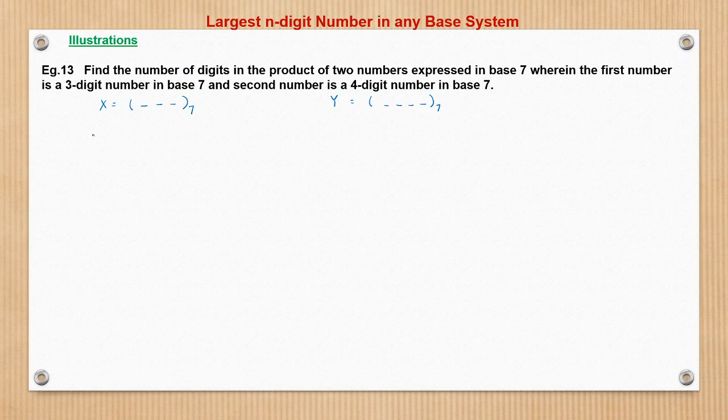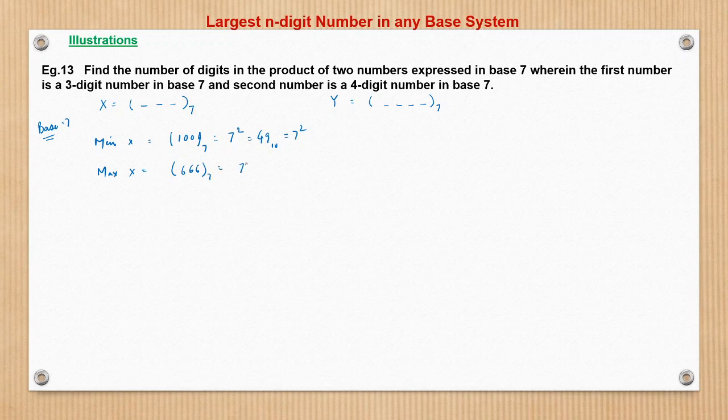So now again this is a minimum maximum question. The base is throughout 7 only. So minimum x is nothing but what? X is a 3-digit number, so it will be 100. So this becomes 7 square, that is 49 in base 10. And maximum x, the maximum 3-digit number in base 7 would be 666 in base 7.